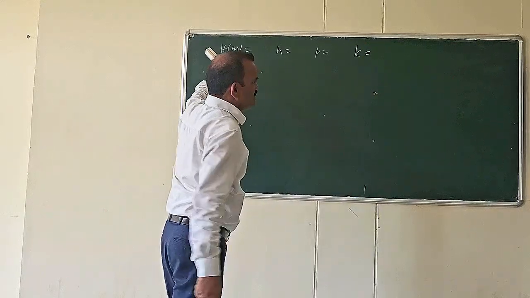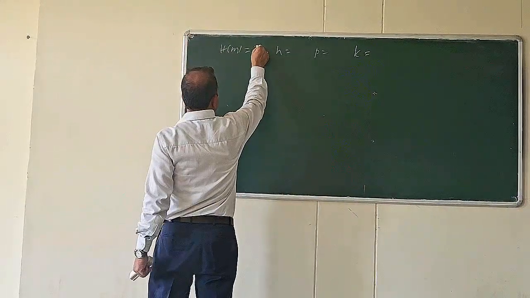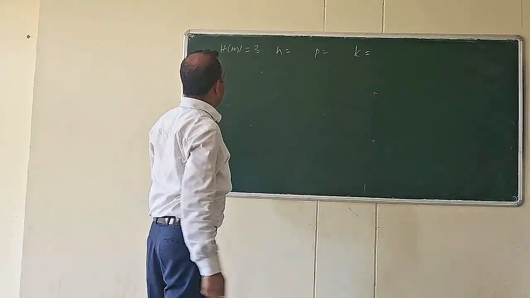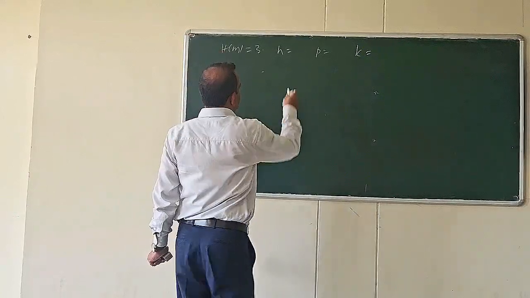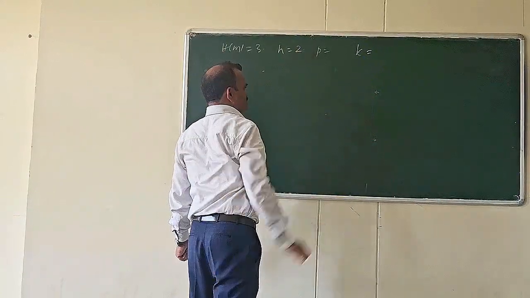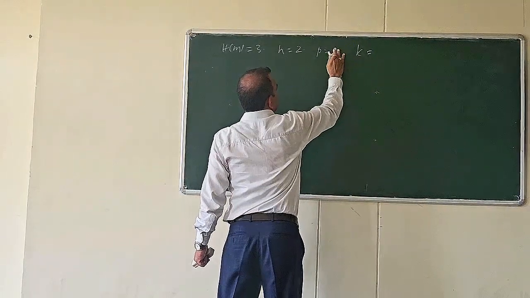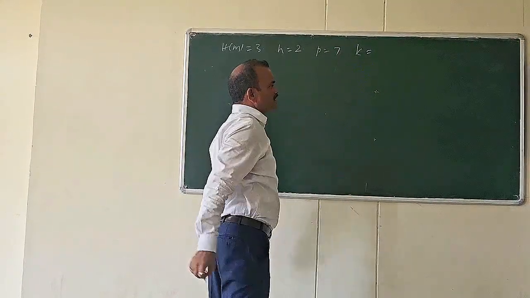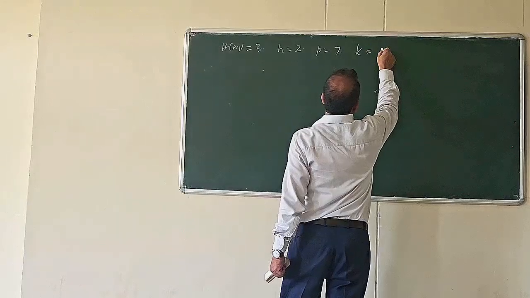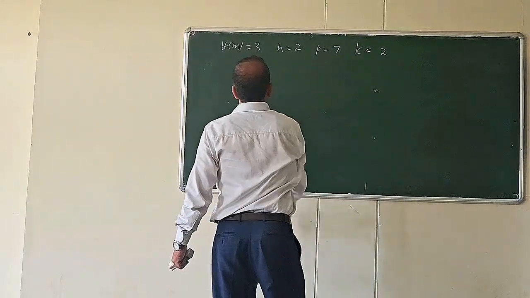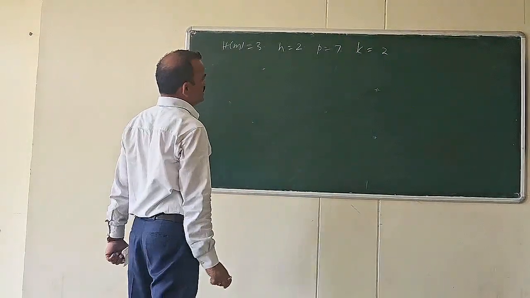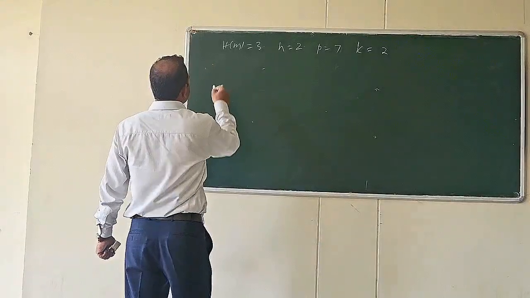So here we consider the hash message 3 and h equal to 2 and p equal to 7 and k equal to 2. Right? So we go for calculating the values now.